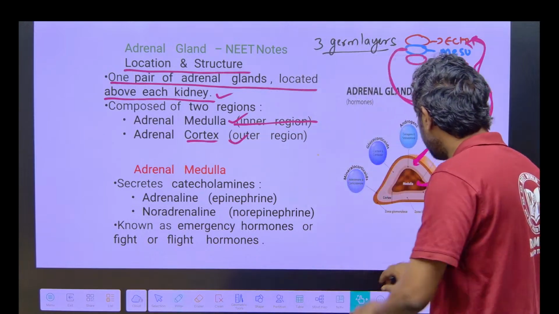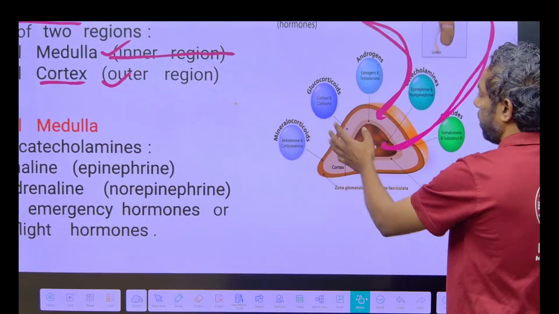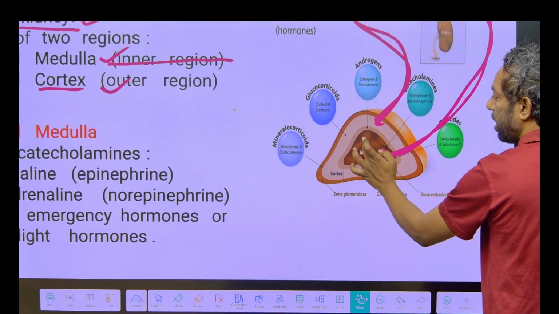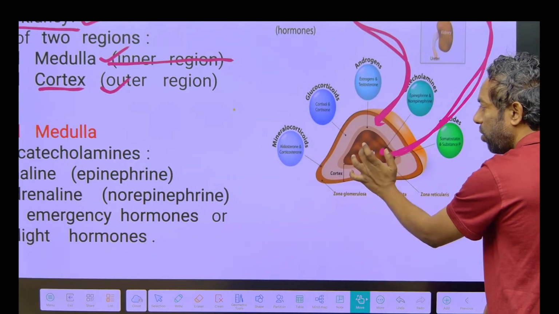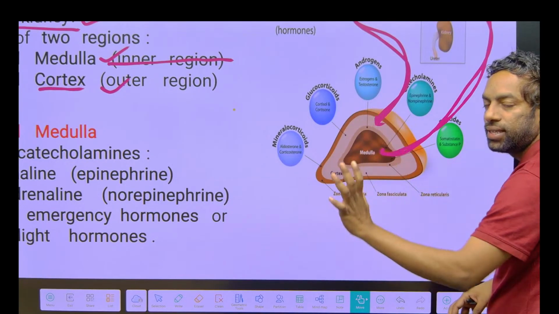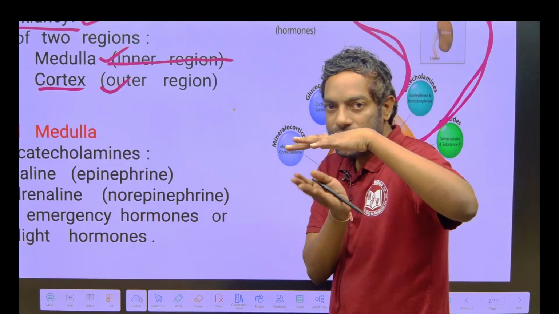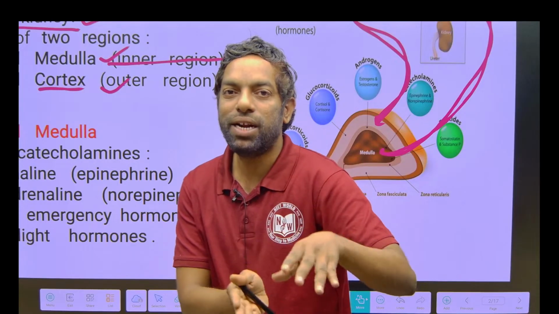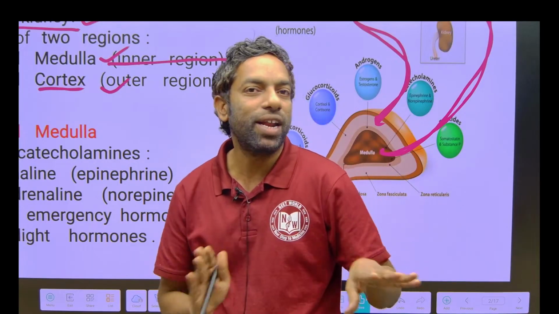They are different because they originate from different germ layers, meaning different stem cells in embryonic development.